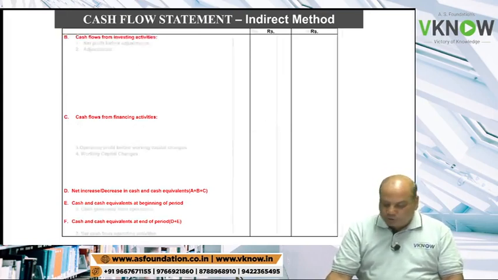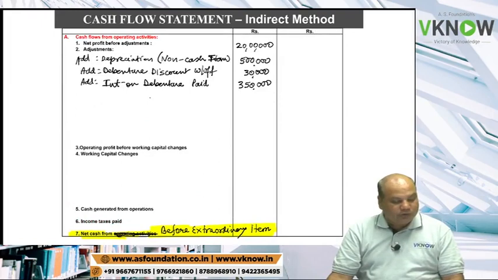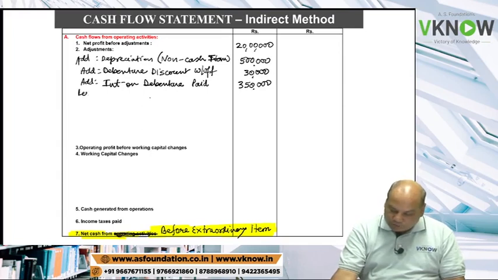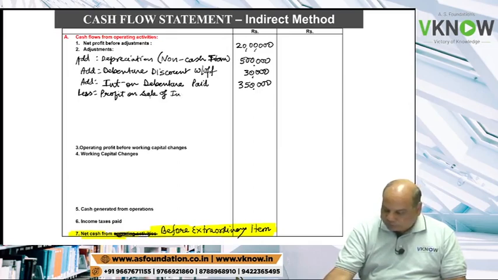Next item is book value of investment 3 lakhs sold for 3,20,000. So there is a profit. So profit you write down, less profit on sale of investment.